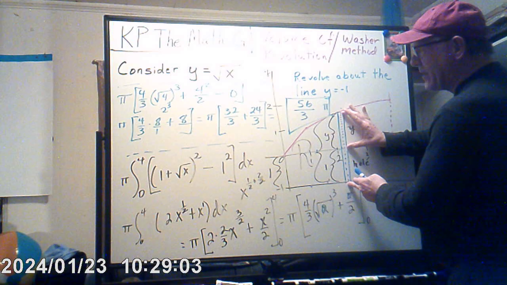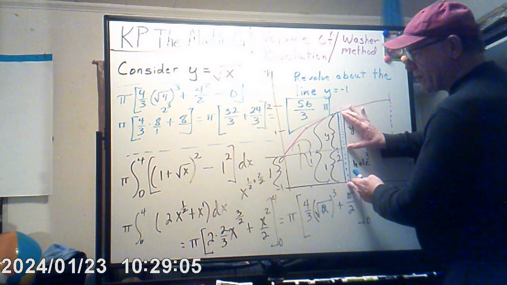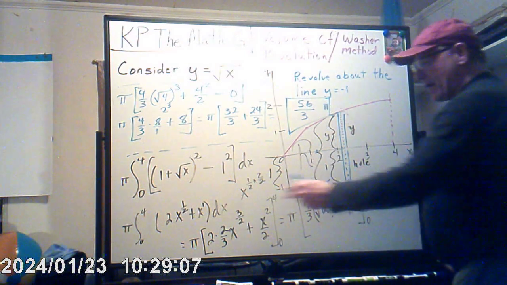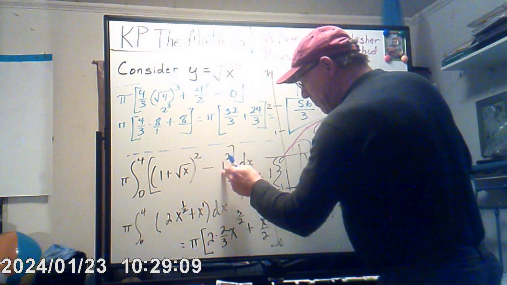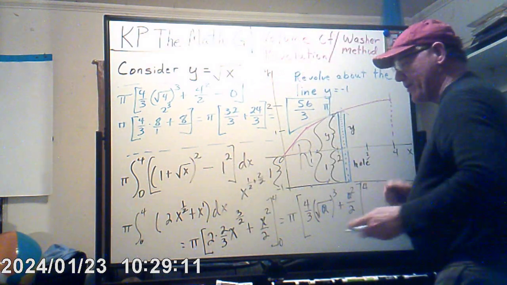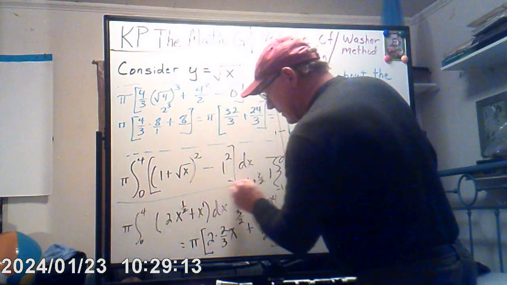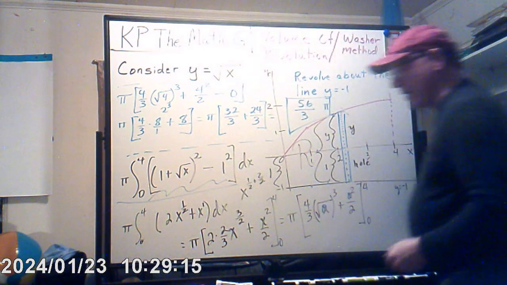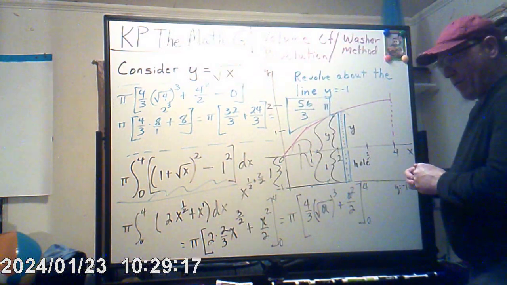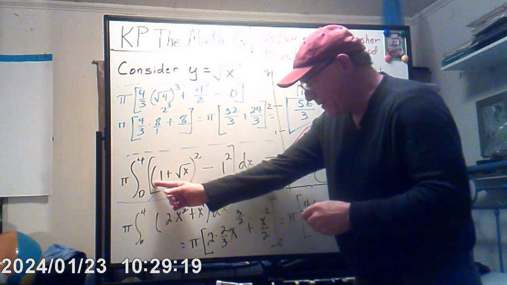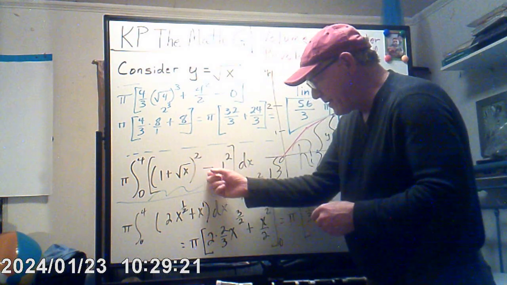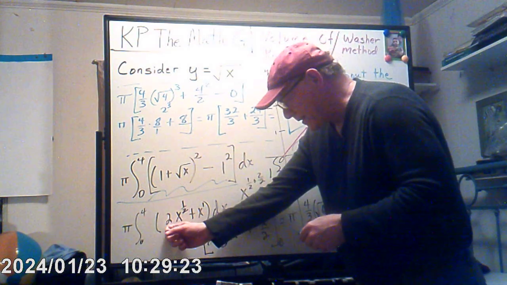This height here is y. But y is the square root of x, so I had to square that. Now minus 1 squared. If anything, you need to get this part set up correctly. Then once you do that, you can square this and then subtract that 1. You're left with this.